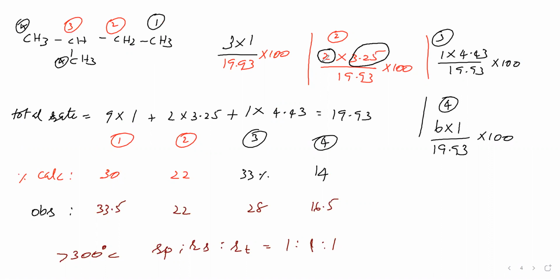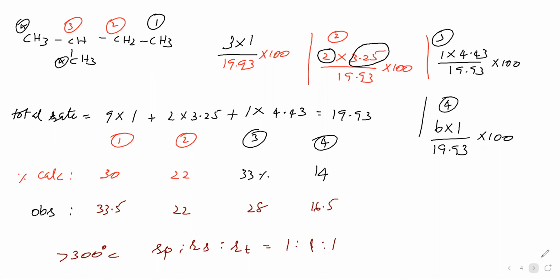It is the number of secondary hydrogens, and it is the rate of chlorination for secondary hydrogen. We are considering the number of hydrogens available and the rate of chlorination, both. So for chlorination, we are considering the rate of halogenation as well as the probability. Probability means the number of hydrogens available.